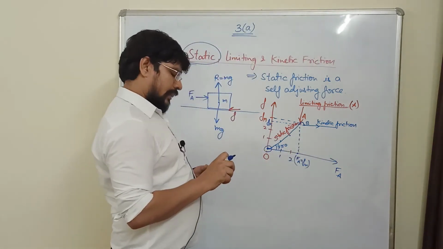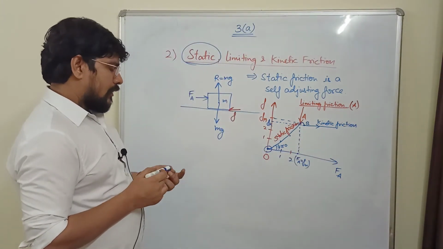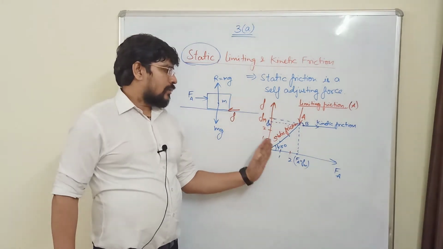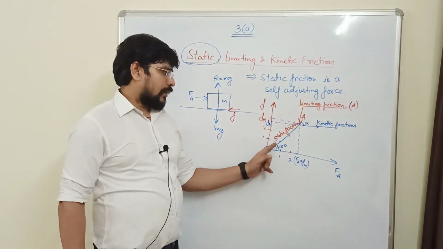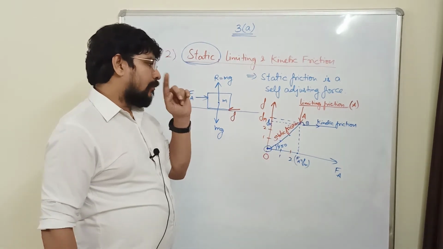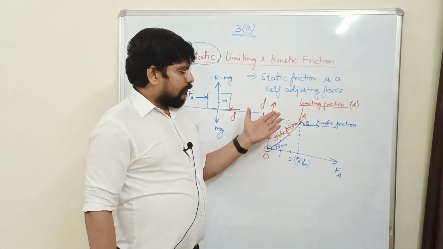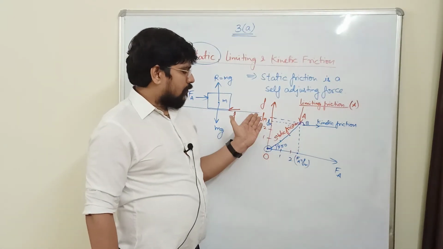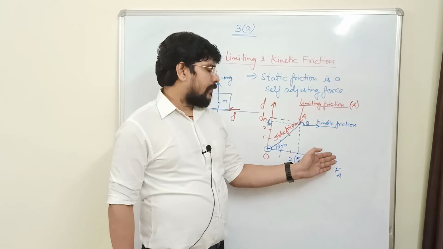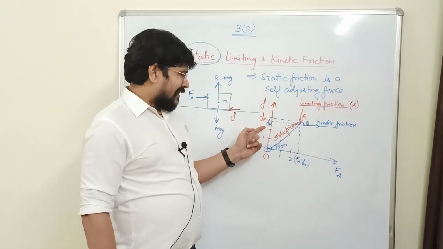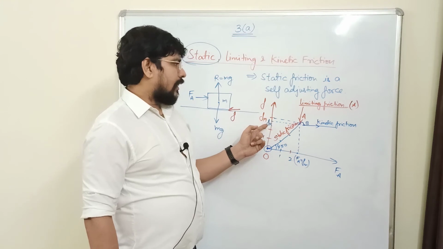So what you learned in this graph is that till the object is at rest, applied force is equal to force of friction, that is known as static friction, up to a maximum point which is known as limiting friction. Then after limiting friction, when applied force is equal to limiting force, if you further increase the applied force, the object will start moving and the friction force decreases slightly, and that is known as kinetic friction.